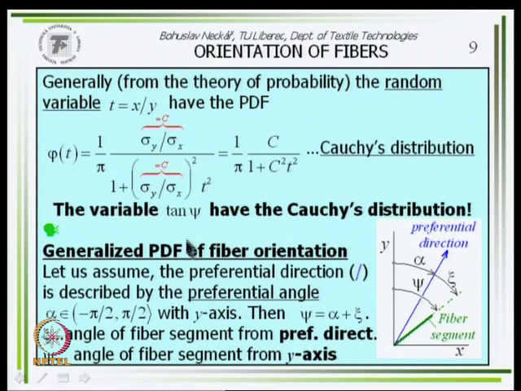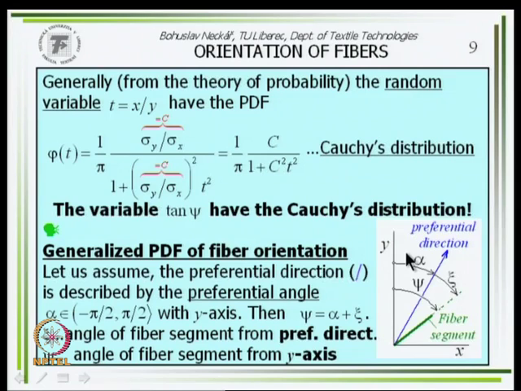Sometimes, or often, the following problem is coming. To this moment, our preferential direction was the same as the y-axis, vertical axis. But sometimes the preferential direction is another. We have the y-axis here, the x-axis here, and let's imagine the preferential direction is the direction of our blue arrow, which has some angle alpha to the y-axis.